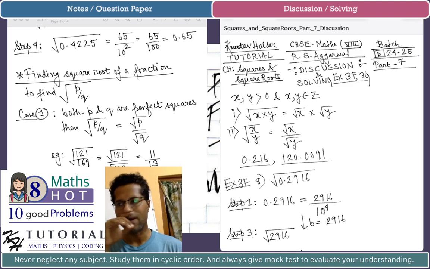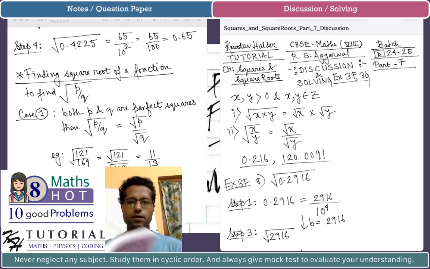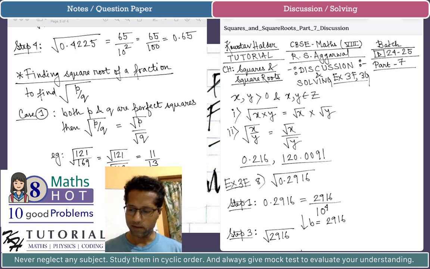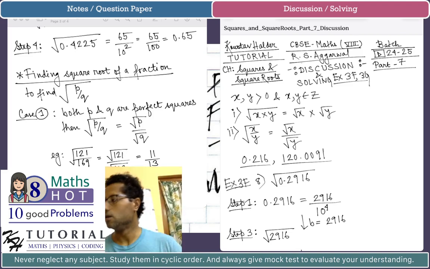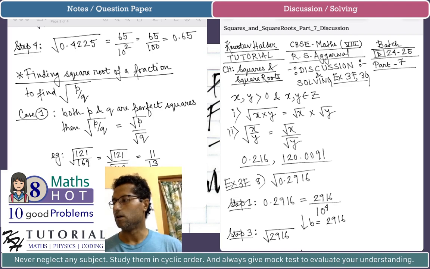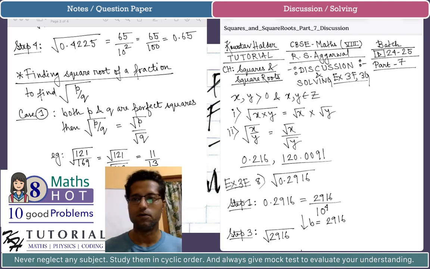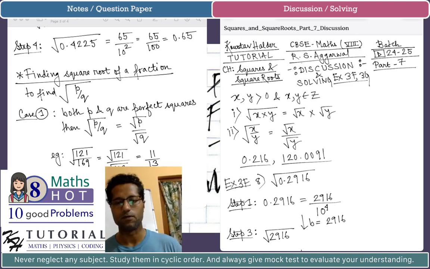In the next video, I will solve the objective questions, exercise 3H, and then there is a test paper, which is test paper 3. We will solve test paper 3. That will bring an end to discussing the chapter of squares and square roots from the book author RS Aggarwal, and then I will prepare 2 sample test papers as I always do for any chapter.